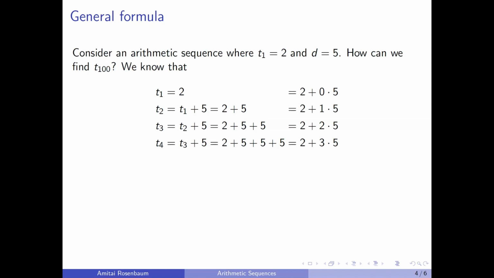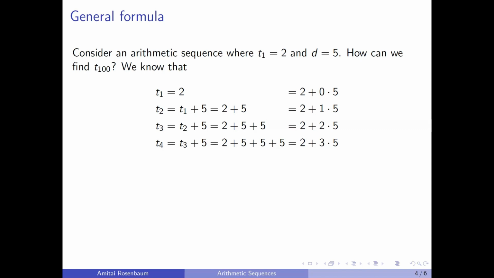So we've got that first term, which is 2 at the start, and then we're adding on multiples of 5 at each step. Okay, so already for T100, we can figure out that it must be 2 plus 99 times 5, right?